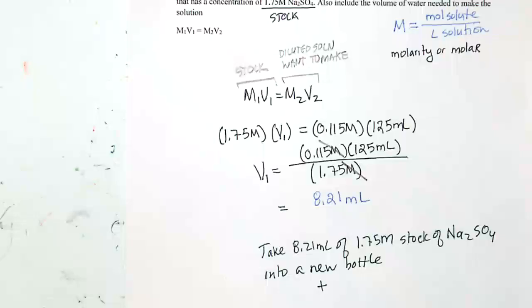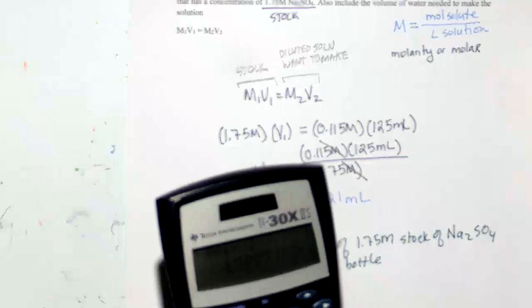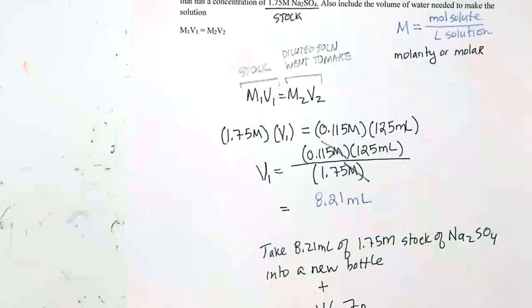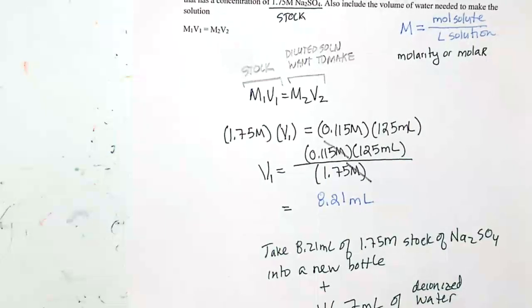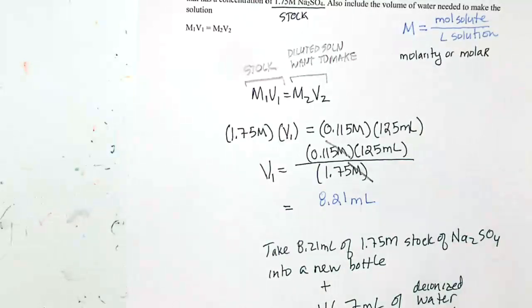Yes, 125 minus 8.21. Very good. About 117 ml deionized water into the bottle. So this is the dilution.